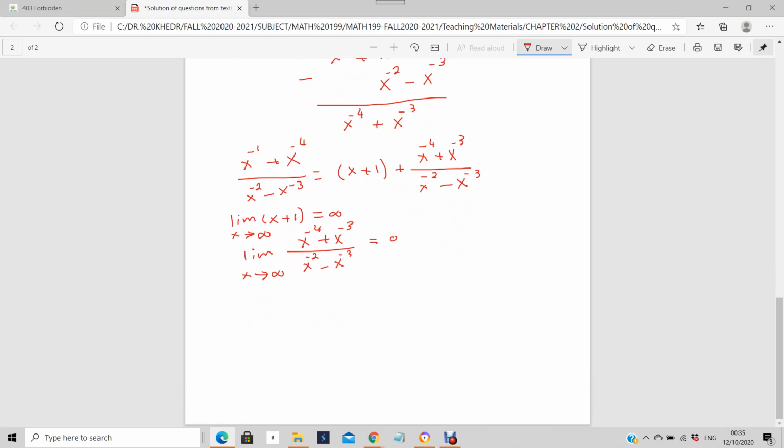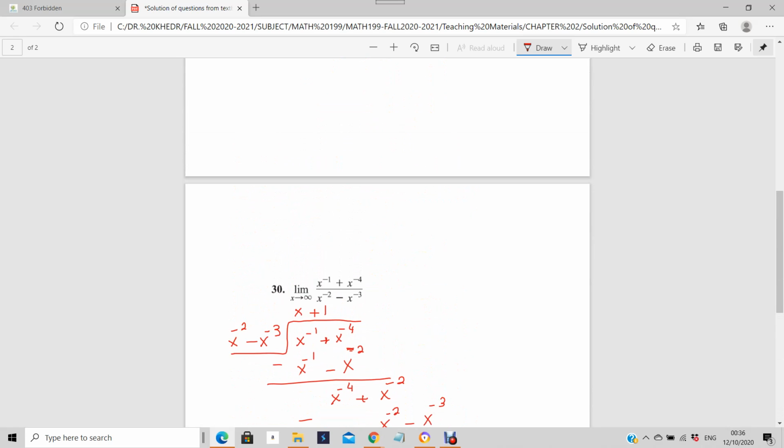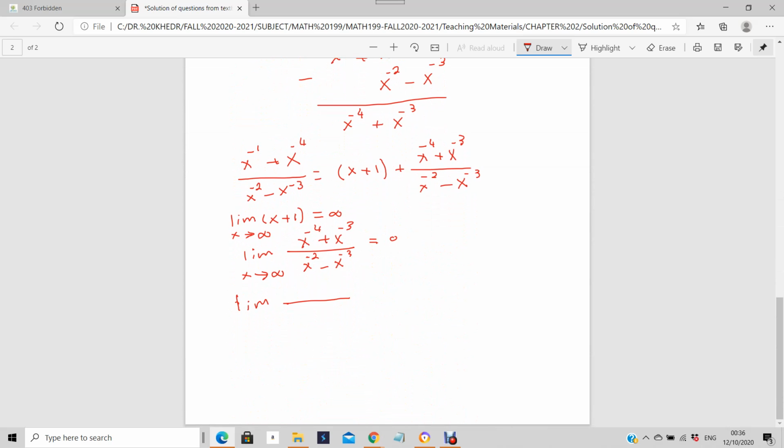So we'll say the limit of the whole function, which is x to the power minus 1 plus x to the power of minus 4 divided by x to the power of minus 2 minus x to the power of minus 3 as x goes to infinity will be infinity plus 0, that is infinity.